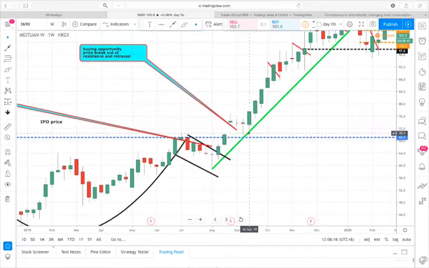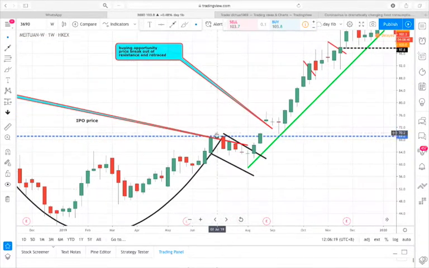Let me just make it bigger so you can see. When the price starts to break out from the right handle, this particular green candle on the 12th of August 2019, you can buy at this particular candle. If not, you wait. You can also buy it from this particular candle on the 19th of August.